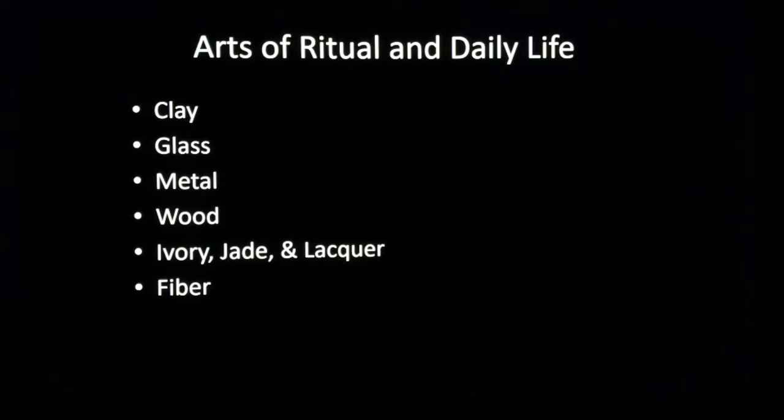With metal and wood, we have a long history of functional objects there too, making tools, making furniture, making even our own dwellings, like our early houses. And then we had some other materials that were included in this list also: ivory, jade, and lacquer, which were discussed in the chapter, as well as fiber arts.